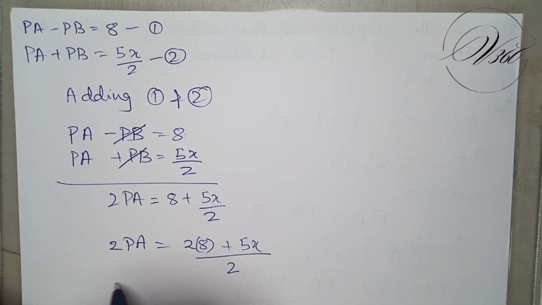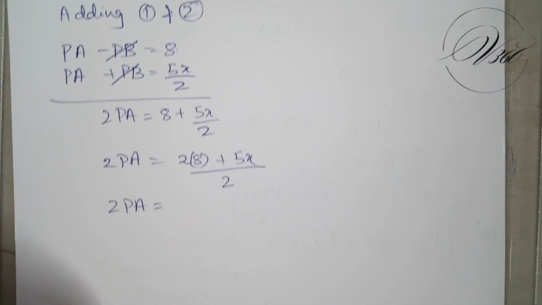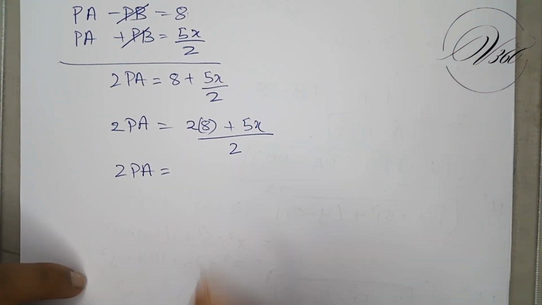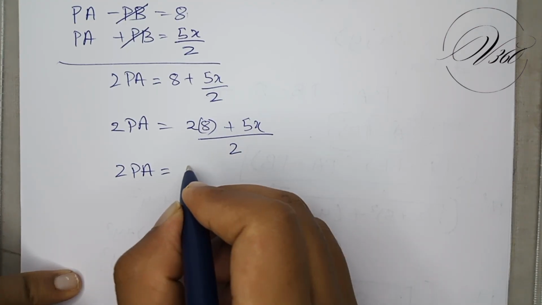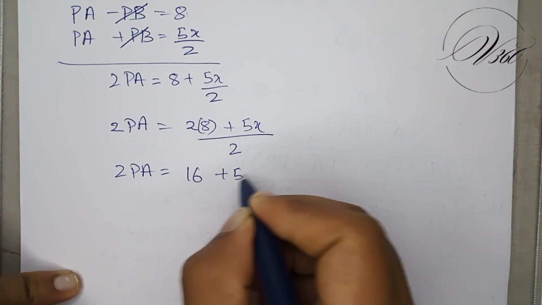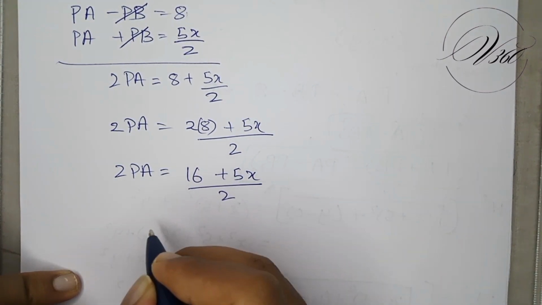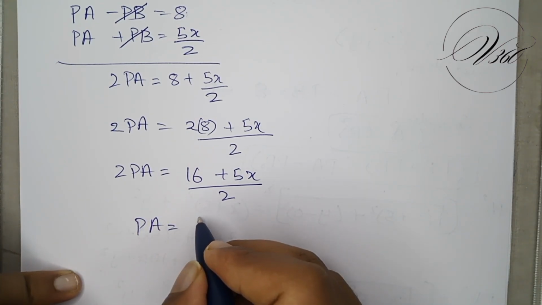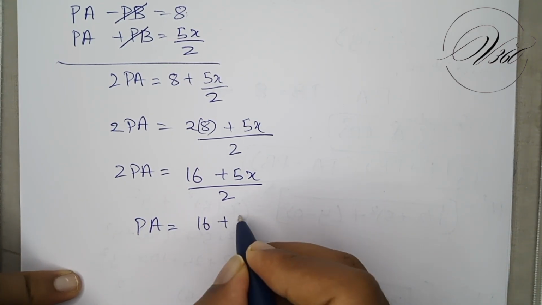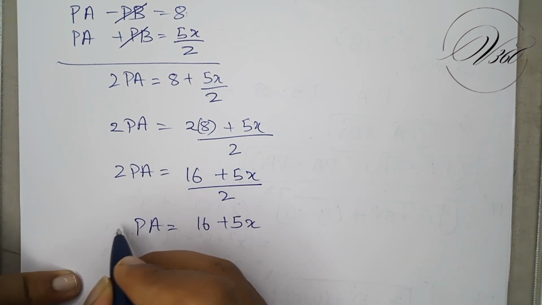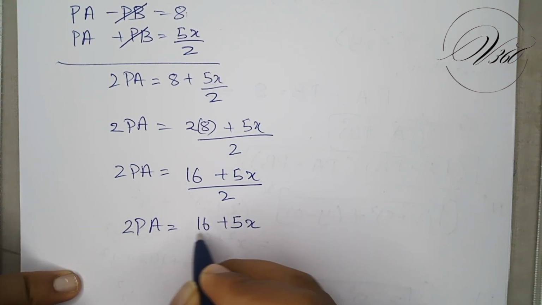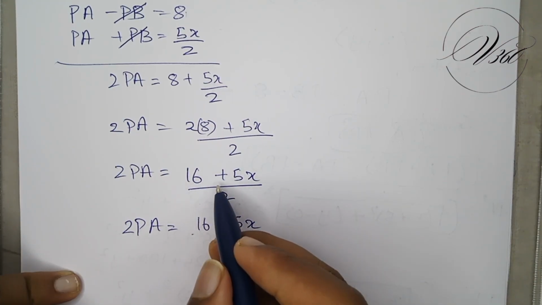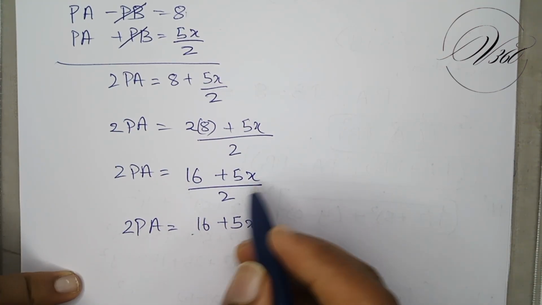Now here 2PA is equal to 8 2s are 16 plus 5x by 2. Now PA is equal to 16 plus 5x by 2.